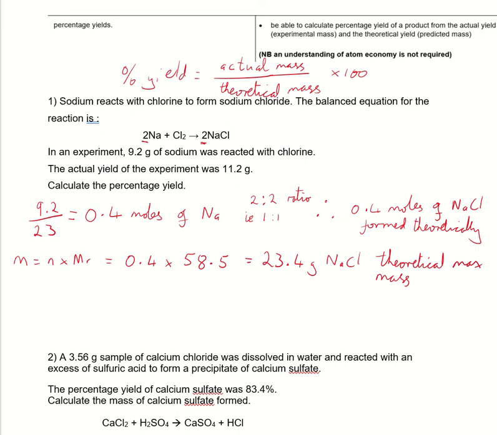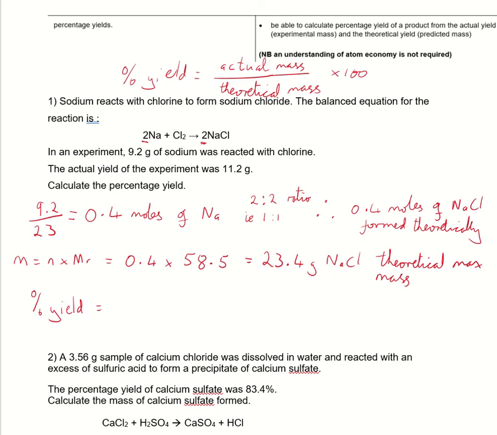So if the reaction went absolutely perfectly, nothing was lost, 100% in there, then that's what I should obtain. But you'll never get that. No reaction's perfect. So to work out my yield then, I'm going to be using the equation at the top, percentage yield.